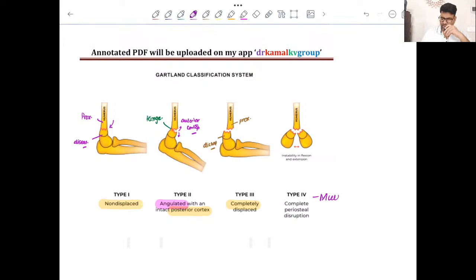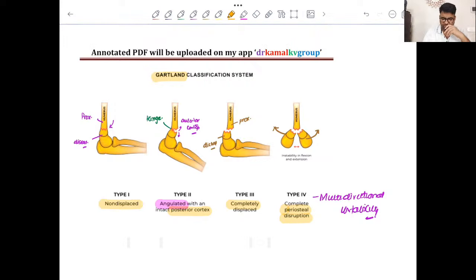So the fragments can move anywhere, and there is complete periosteal disruption. Either it can go posteriorly or it can come anteriorly. So this is the Gartland classification for supracondylar fracture.